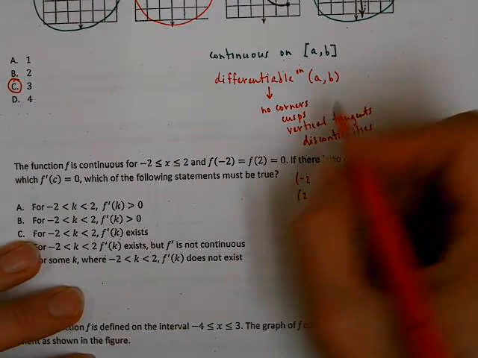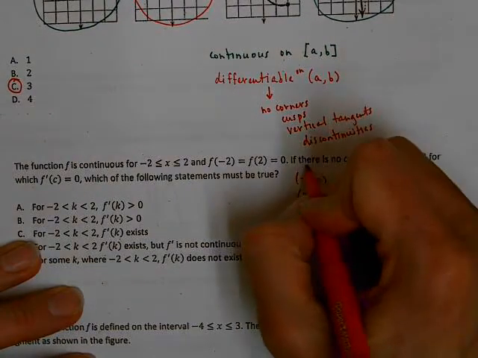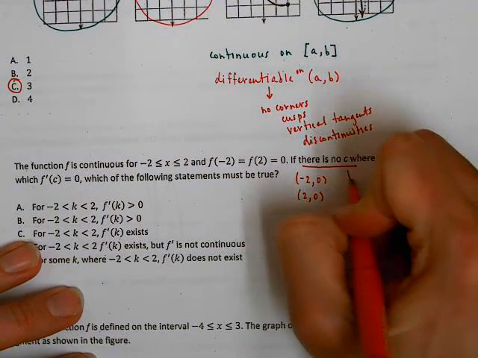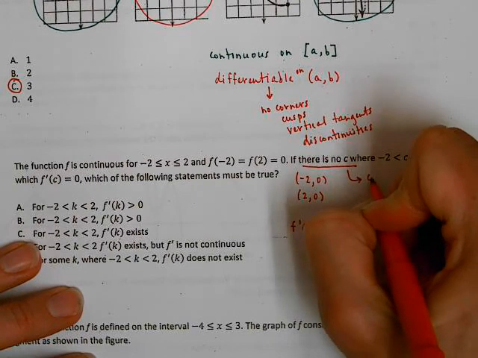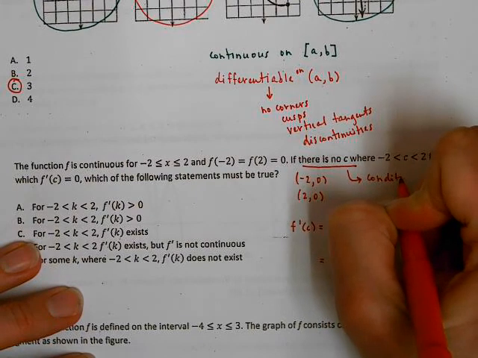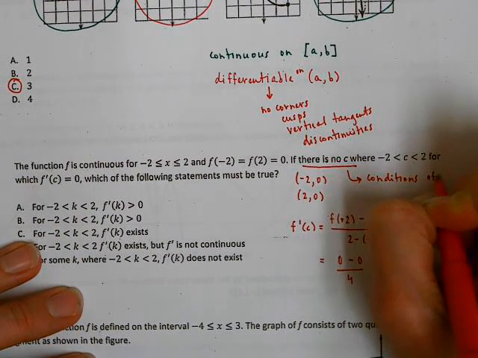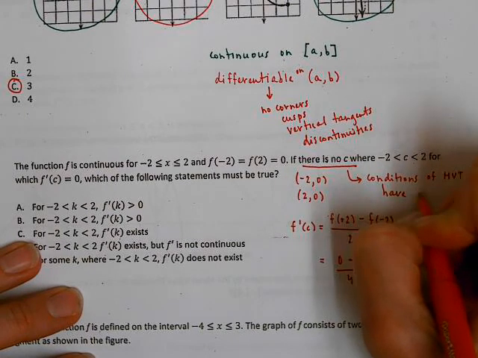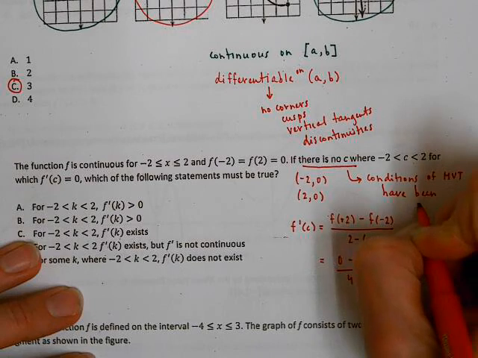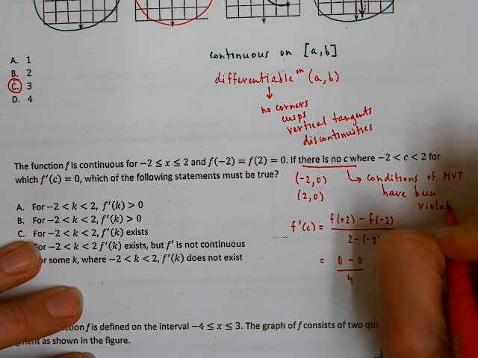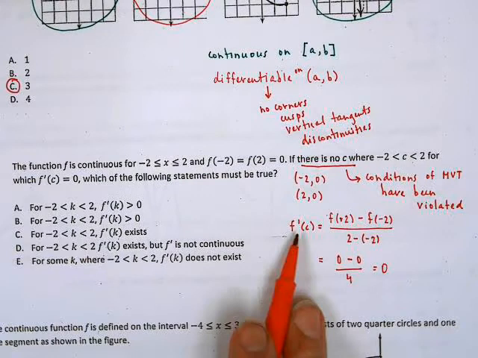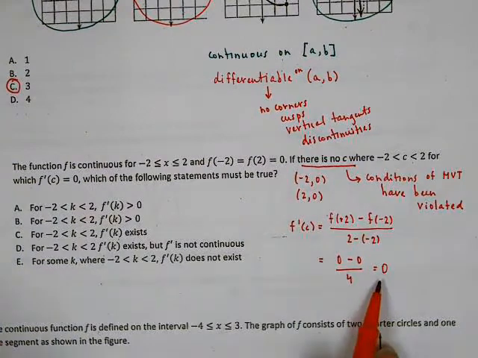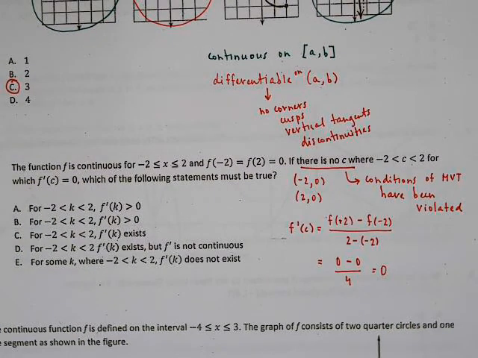If there is no such c, that means one of the conditions of the MVT has been violated. So essentially, if there's no value of c where my instantaneous rate of change is equal to 0, it means either that function is not continuous on the interval or it's not differentiable.